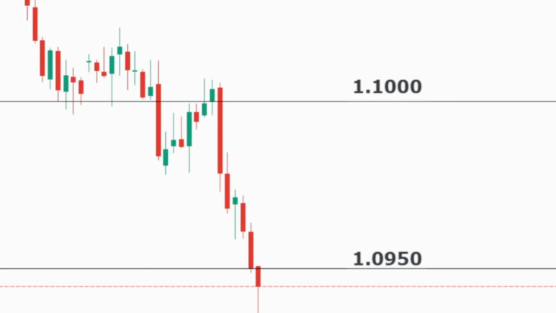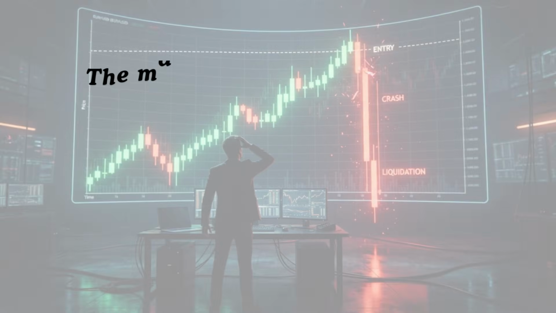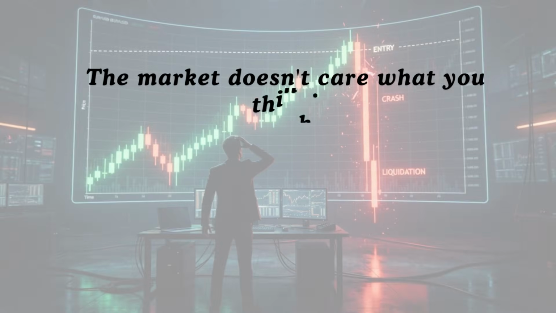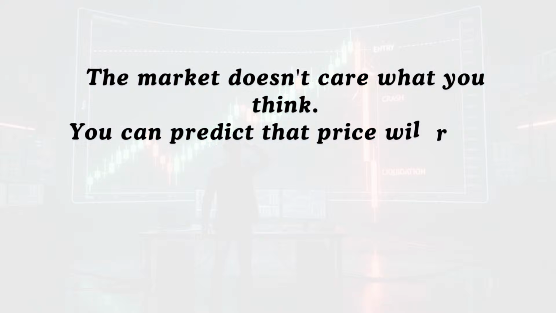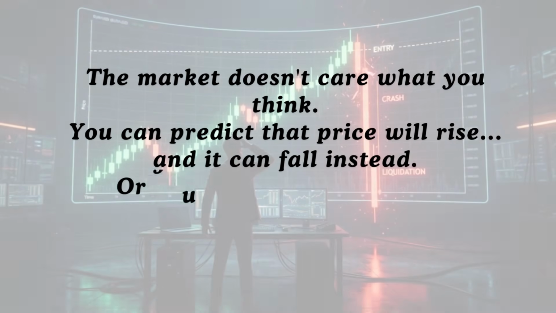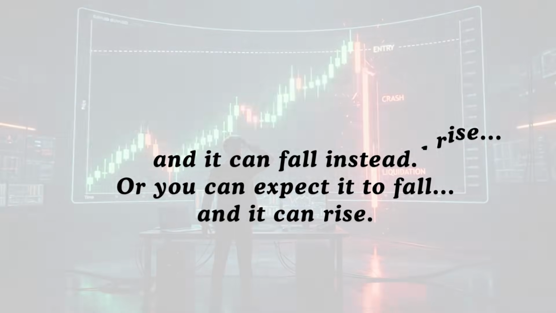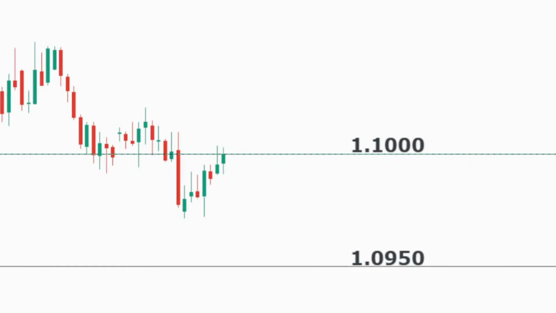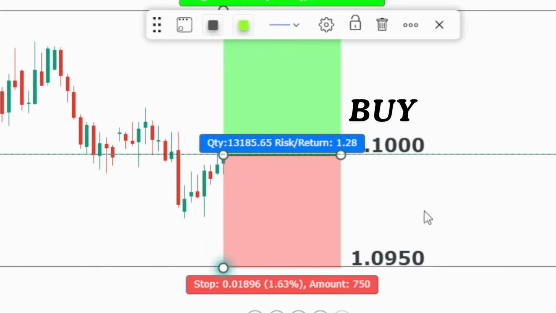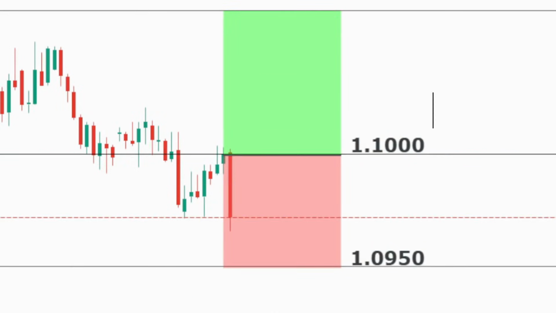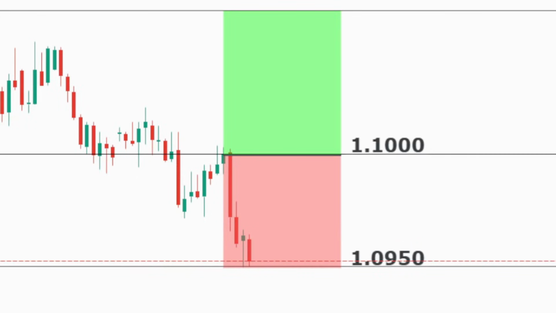But here's the most important thing to remember. The market doesn't care what you think. You can predict that price will rise and it can fall instead, or you can expect it to fall and it can rise. For example, you buy Euro USD at 1.1, but instead of rising, the price falls to 1.095.